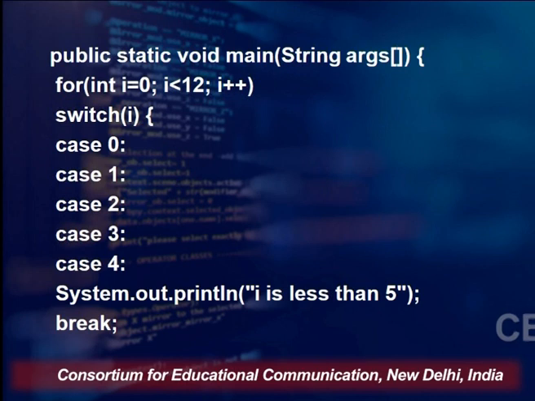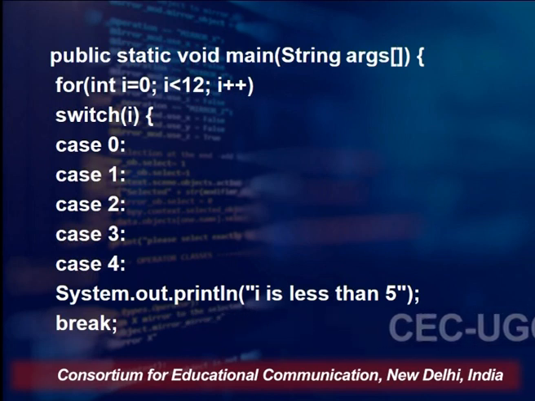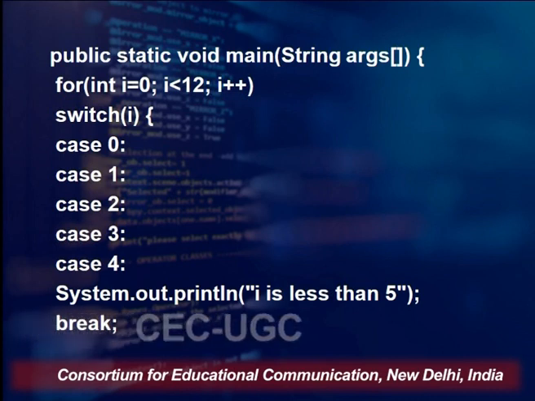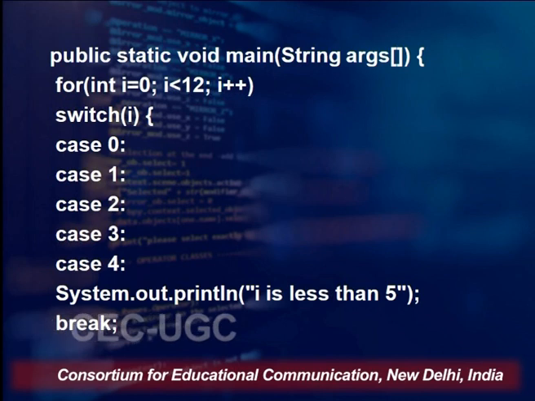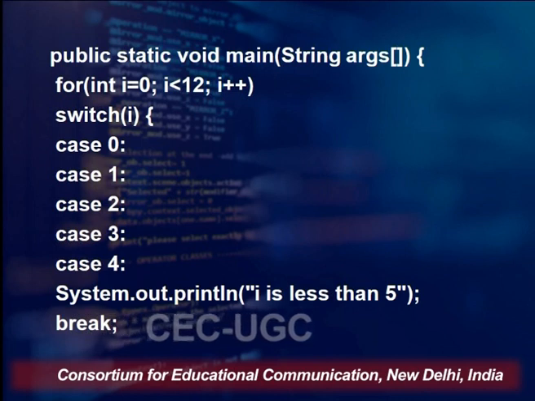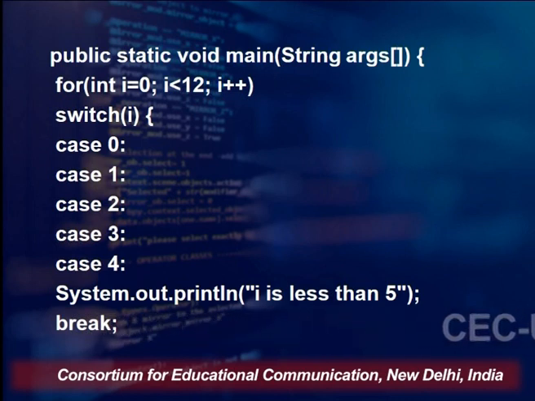So, that essentially means that for case 0, 1, 2, 3 and 4, this system.out.println, which is I is less than 5, will be executed, and then it will go into the break. So, if it is 0, then it will go to the next case because break is not there. Then it will go to the next case as break is not there, and it will ladder down to all the case statements.